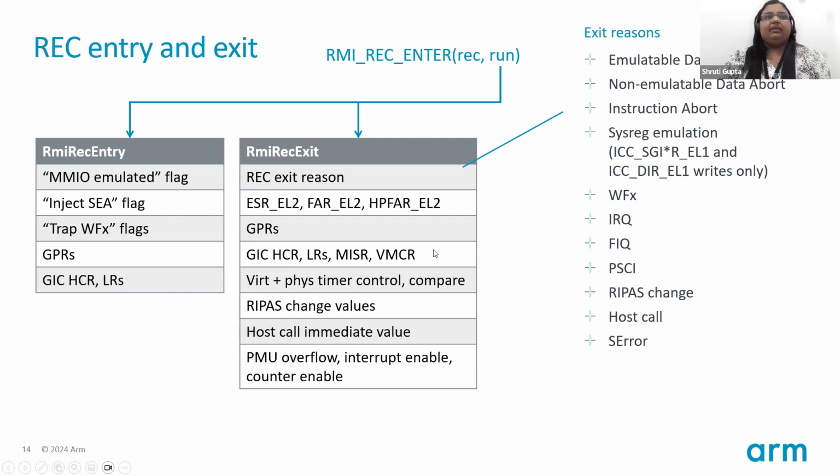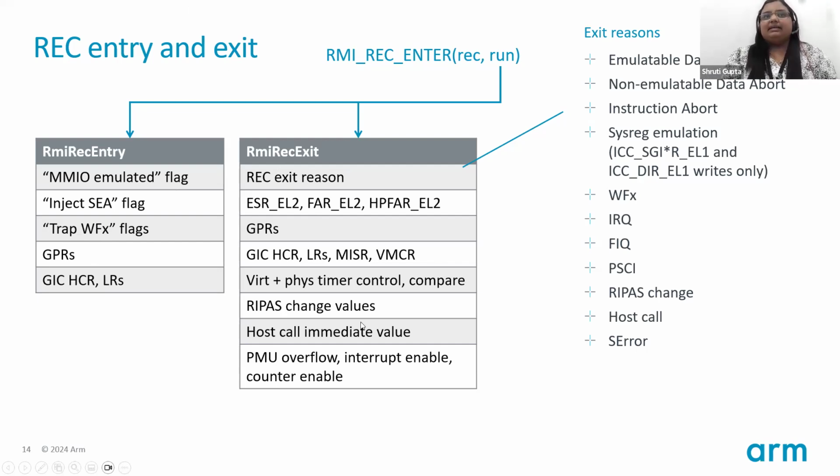So we can emulate, after a data abort, data access emulation. We can insert interrupts back to the realm, or we can insert an abort back to the realm. So these are all the control flags for entry.